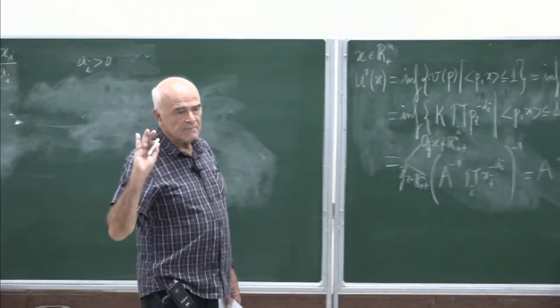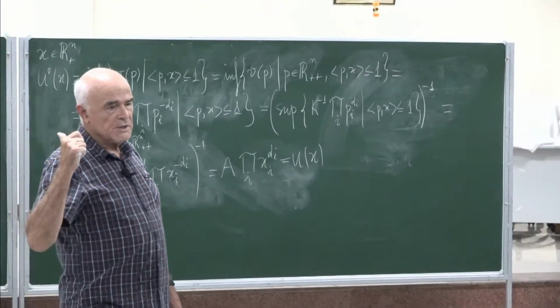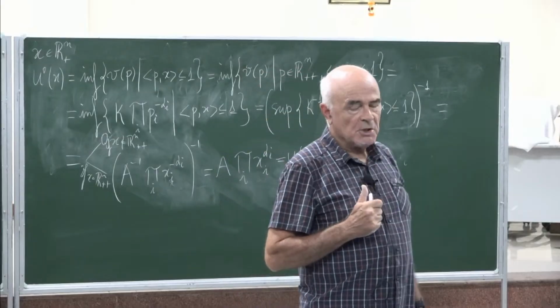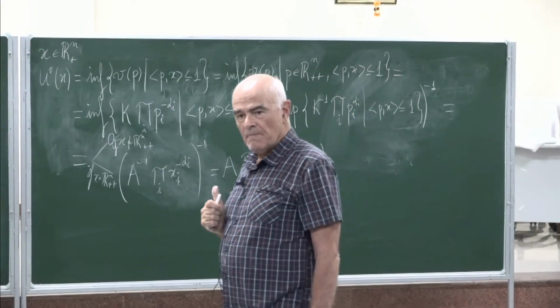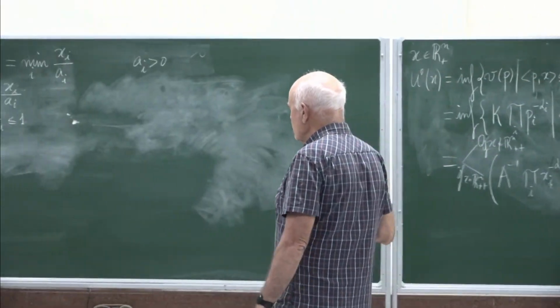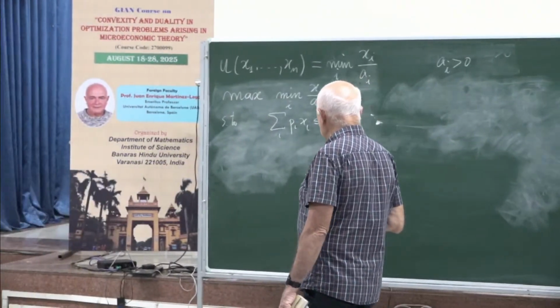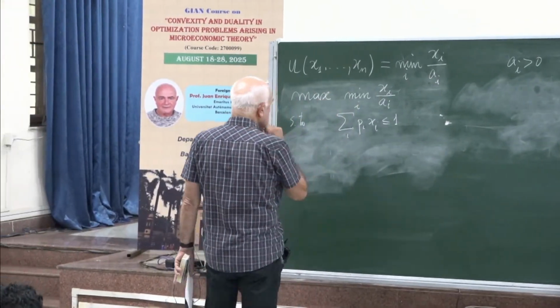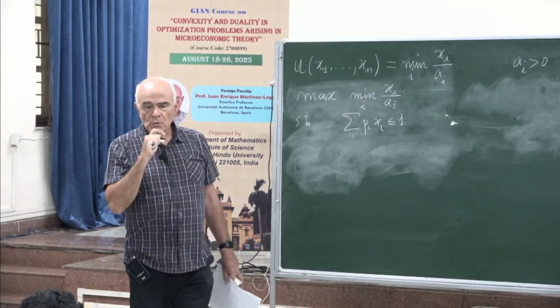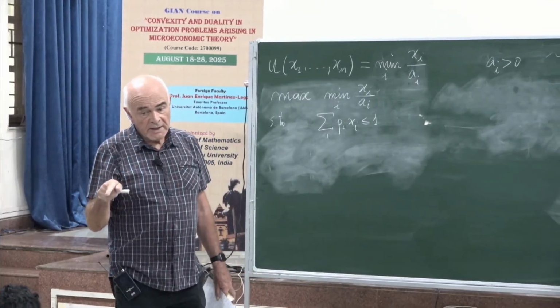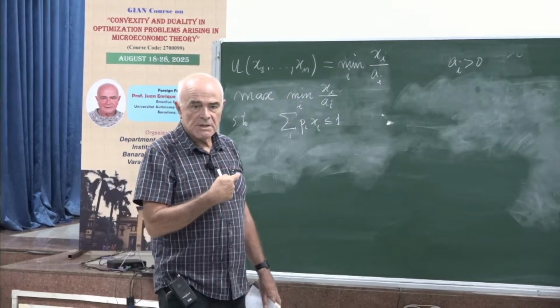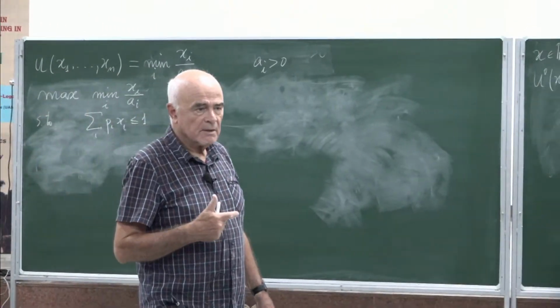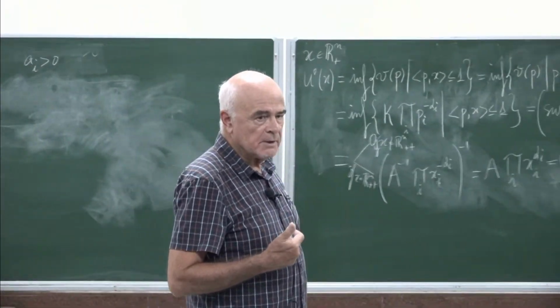Forget KKT, because this is not differentiable. We could use KKT because this is convex, but things can be made simpler.